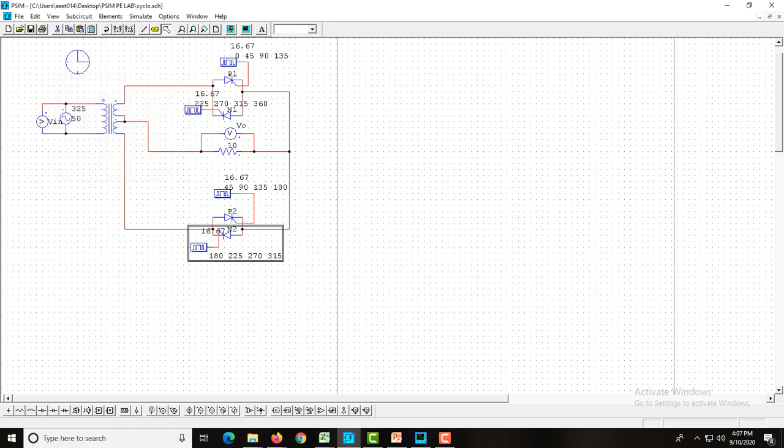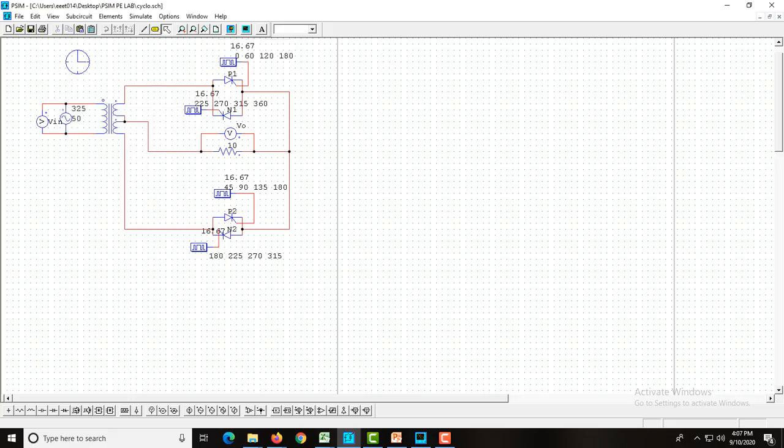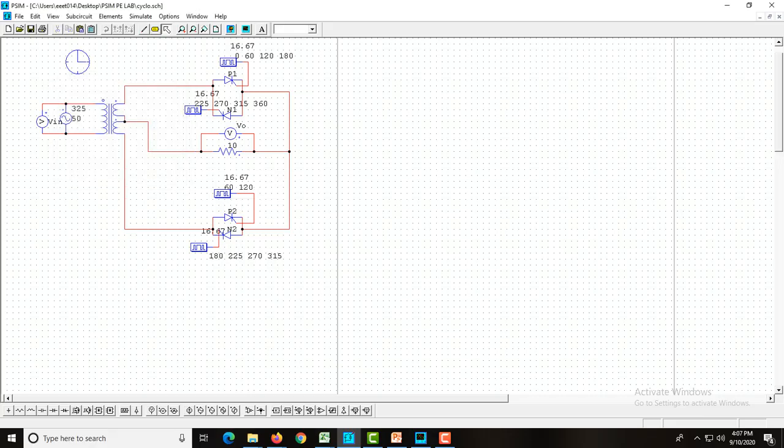Next one, P2 will have only two switching points, that will be 60 to 120. The next one, N2 will have 4 switching points: 180 to 240, again 300 to 360.